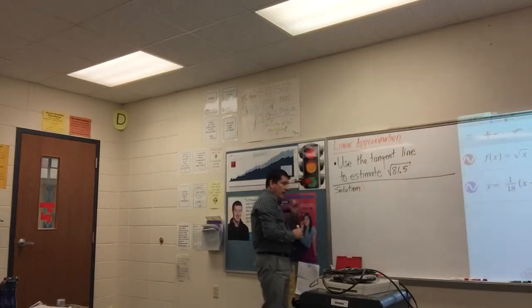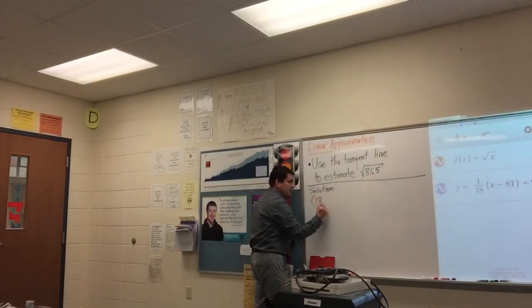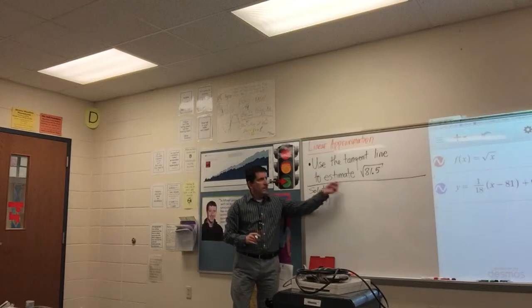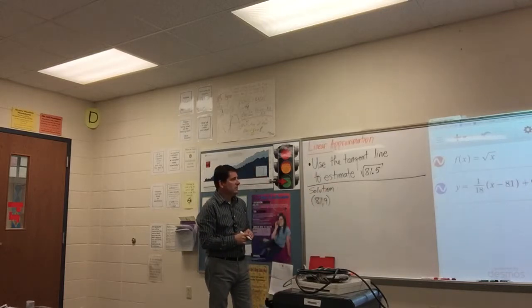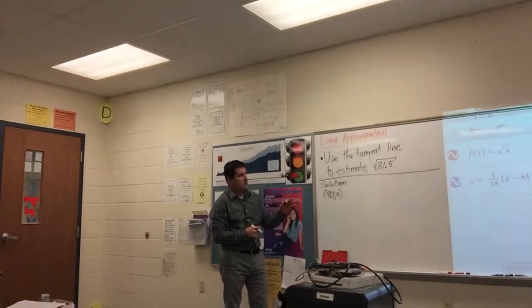So let's go do that. So I have my point. It's 81, 9. That's the point that I'm going to use. And then now I just need the slope. What is the slope of the line tangent to the function square root of x when x equals 81?